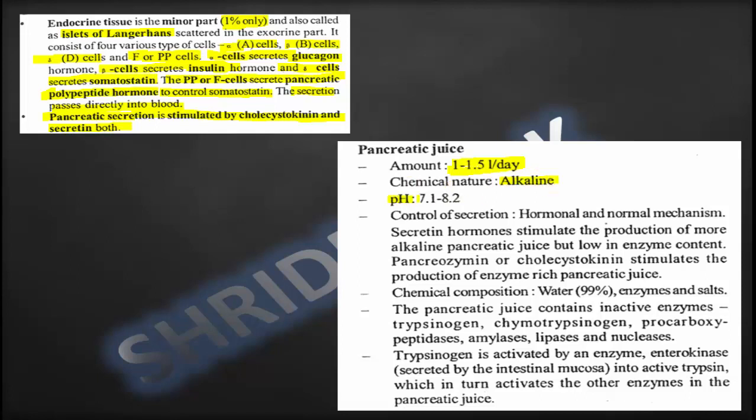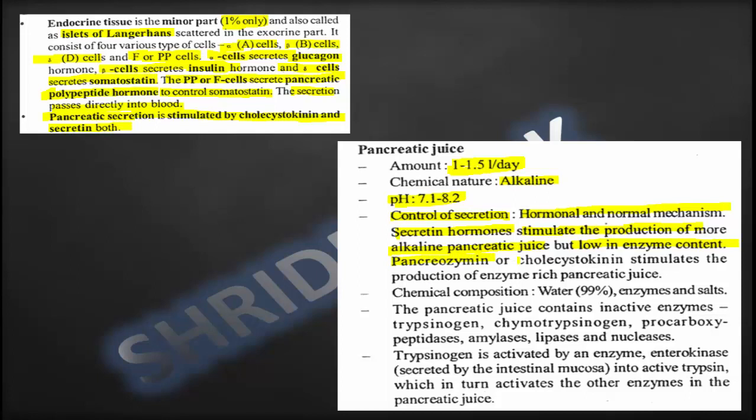What is its pH? 7.1 to 8.2. Control of secretion: pancreatic juice secretion is controlled by hormonal and neural mechanisms. Secretin hormone stimulates production of more alkaline pancreatic juice but low in enzyme content.